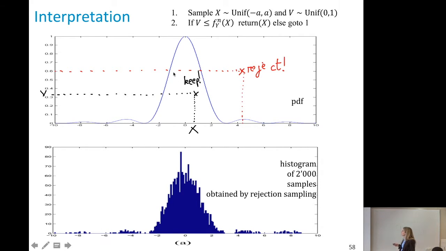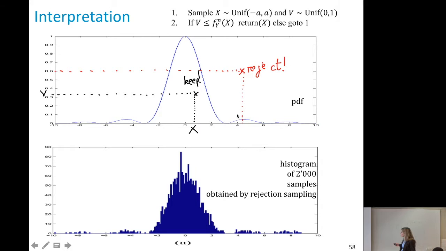Okay. Now let us assume that v was here, that we obtain. We obtain v uniform between 0 and 1, and we obtain v equal to 0.6, and this value here. Okay. And we obtain x uniform between minus 10 and 10, and we had this value here, 4.3. Then fyn evaluated at x will be here, and v is here.